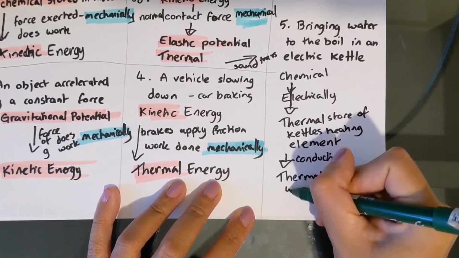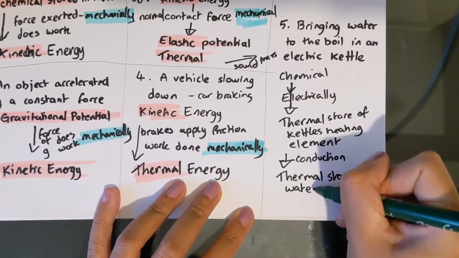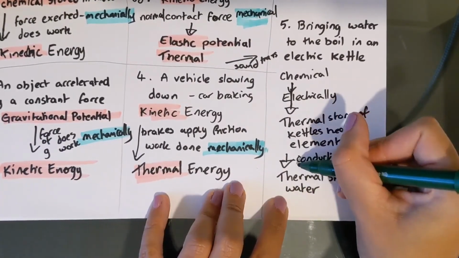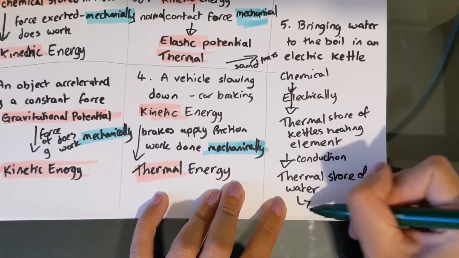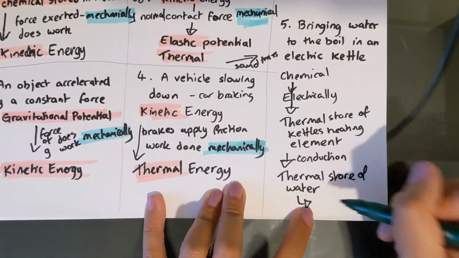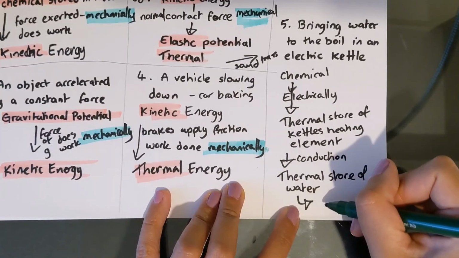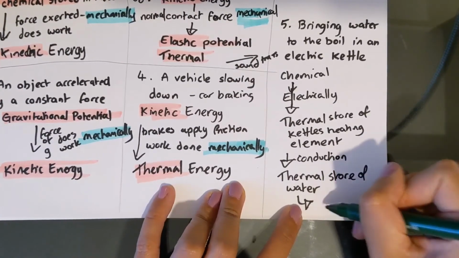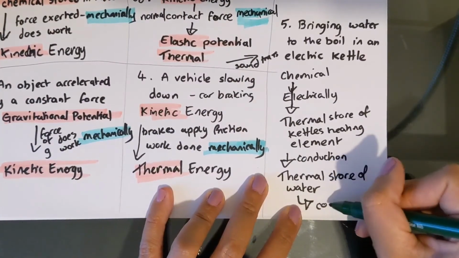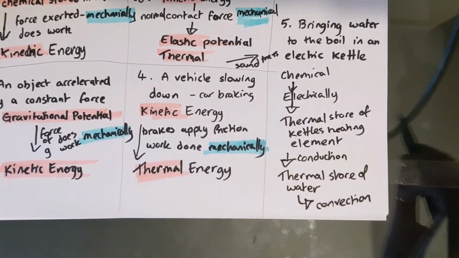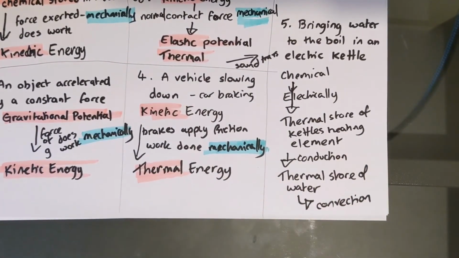And the thermal store of the water that's directly in contact with the heating element is of course then going to expand and move up. So rise because it's less dense, so that's also going to be heating by convection to heat all of the water.